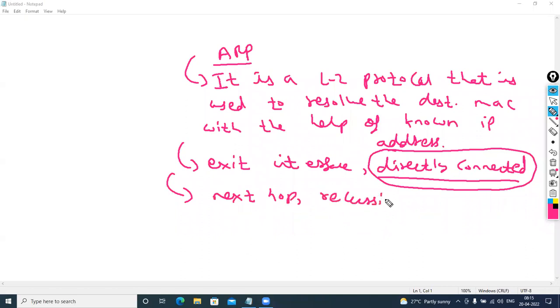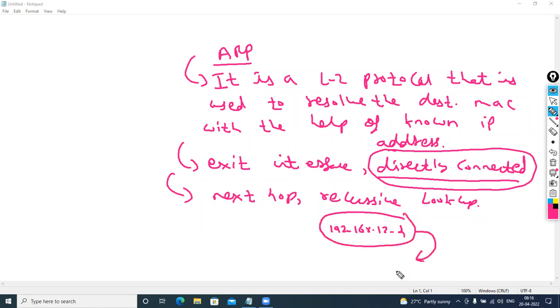Why? Because in the routing table it shows the next hop as, let us consider, 192.168.12.2, but I don't know the exit interface. Again, I need to look up the exit interface with the directly connected route. So we are doing double lookups here.